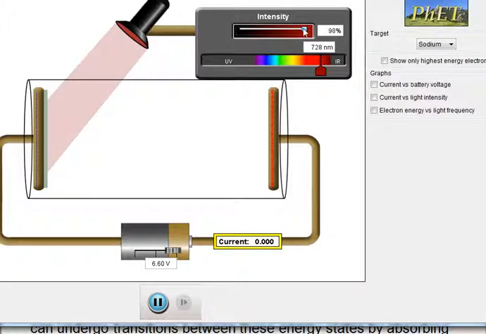So I crank up the energy some more, right? As I go down in wavelength, the energy is getting higher. So I'm going to make this intensity really low.